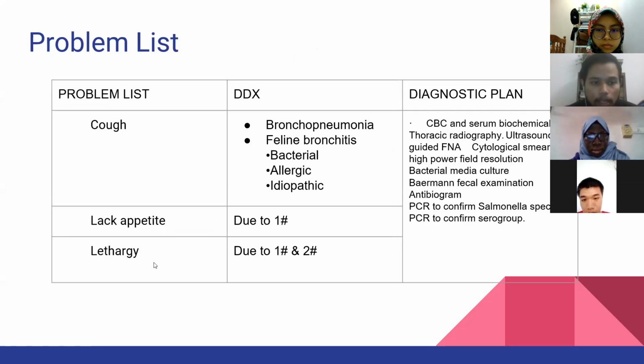The lack of appetite and lethargy might be due to the first problem, and lethargy might be due to the cat not eating, so it doesn't have energy. And these are some diagnostic plans that we could do to rule out respiratory disease in this cat.